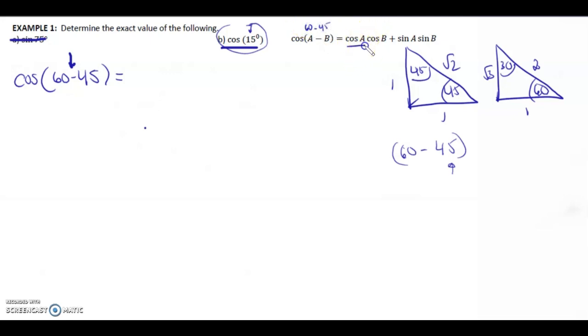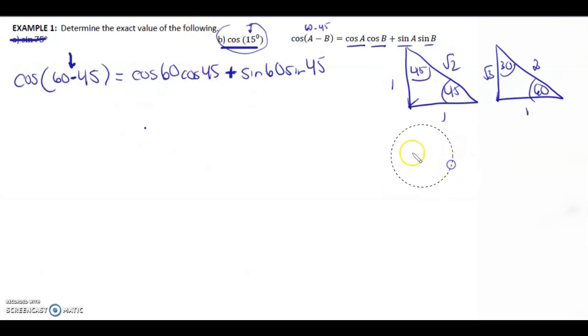So we have cos A cos B, so cos 60 cos 45, plus sine A sine B, so sine 60 sine 45. And if you notice, for subtraction for cos, the sign in here, the subtraction, is actually opposite to what's in here. So that's addition.